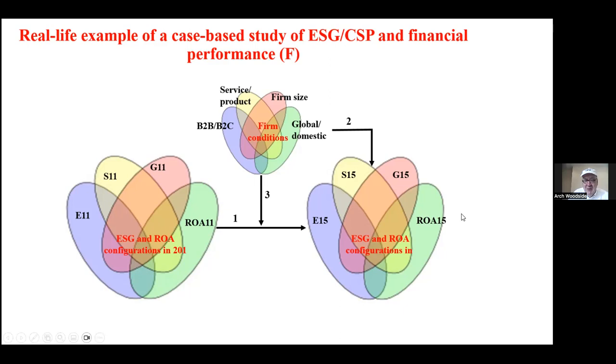So one thing we could study is, are there companies that have high performance on all four of these conditions? And a second question is, does that set of cases also do well in 2015?